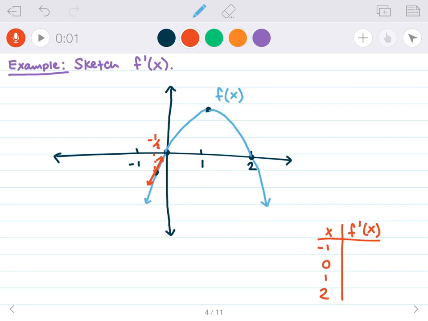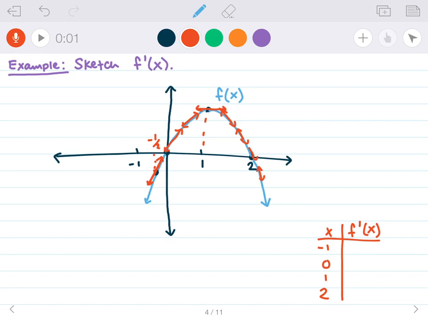It's a positive slope, fairly steep, and then it starts to flatten out as we get higher and higher x values, up until the point x equals 1. The slope's going to be 0 because of that flatness on top of the curve. So positive, positive, positive. At x equals 1, the slope's 0. And then we start getting more negative, negative, negative, right? And so we can sort of estimate what's going on.